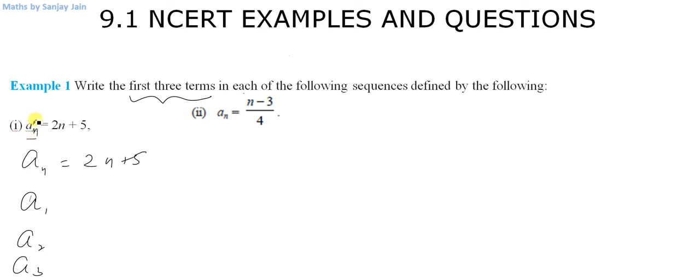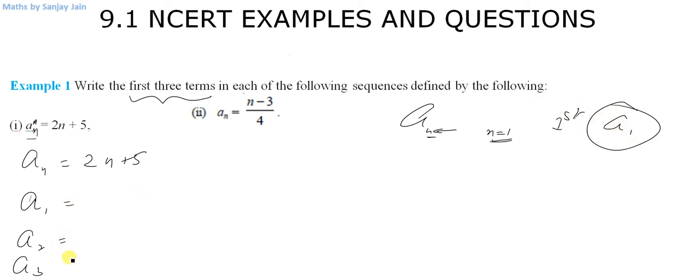This is a subscript, right? This subscript means the position, okay? So if I replace n with 1, I mean that it is the first term a1. So I need to find a1, a2, a3. Basically I need to replace this n with 1, 2 or 3 to find these terms. If I replace it with 1, I'll have 2 into 1 plus 5, that is 7.